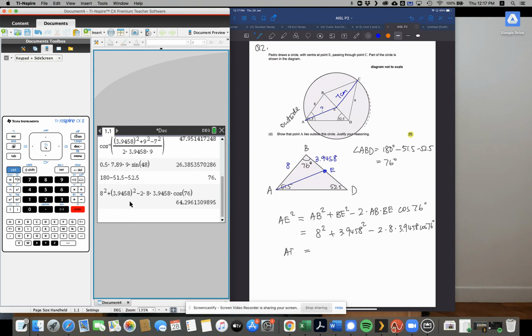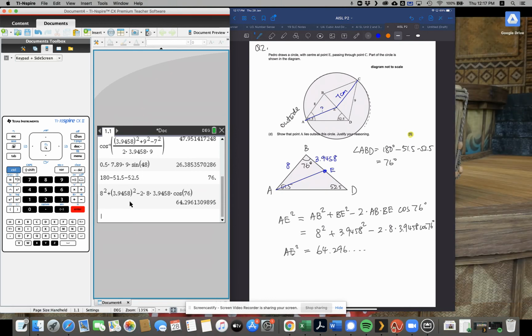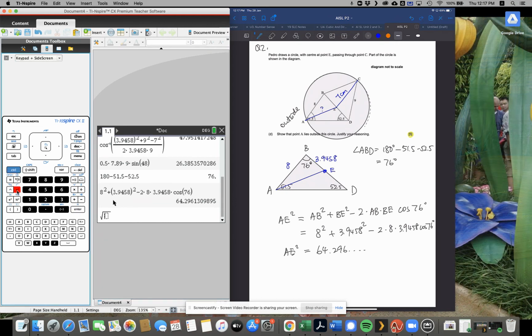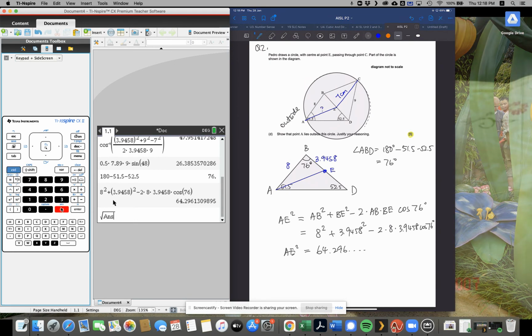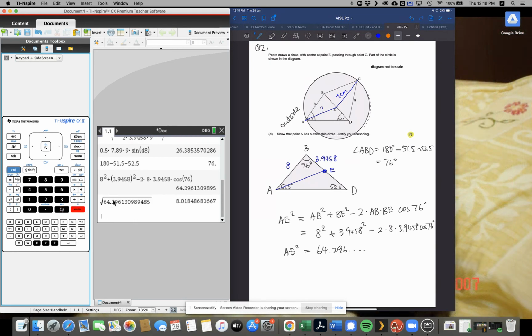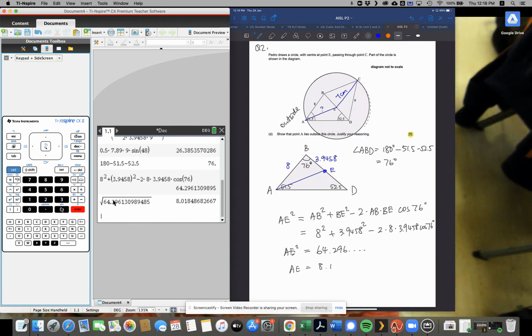So AE squared is 64.296 something, and we need to take the square root of our answer. AE is therefore 8.02 centimeter to 3 SF.